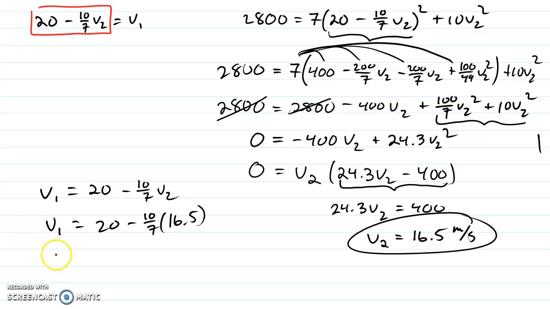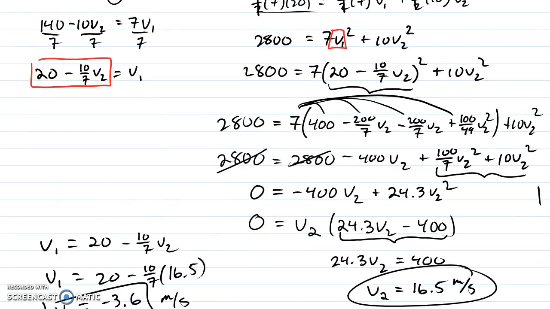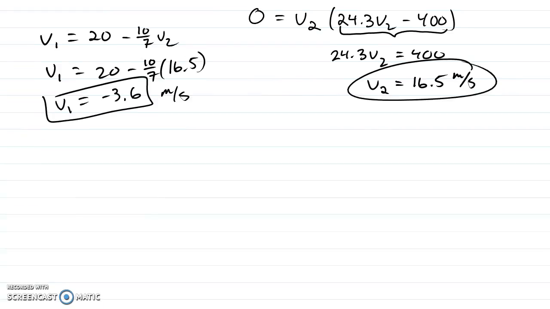Oh man, I get v1 equals negative 3.6, basically, meters per second. Alright, so v1 is bouncing off the other object because the velocity of the first object is smaller. Sorry, the mass is smaller. But a lot of the velocity goes into the second object because it's not that much smaller. Alright.